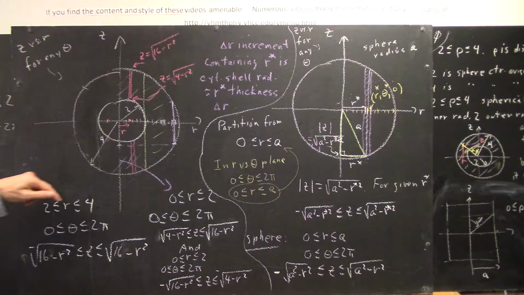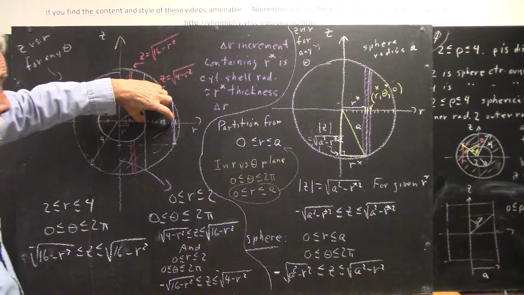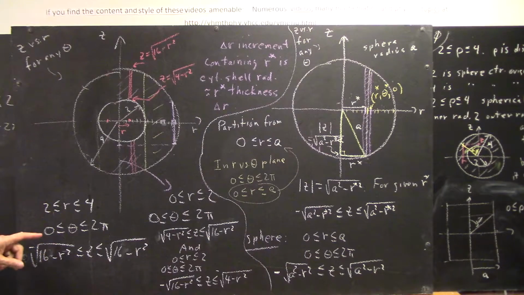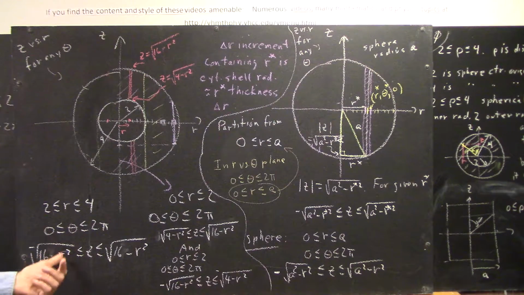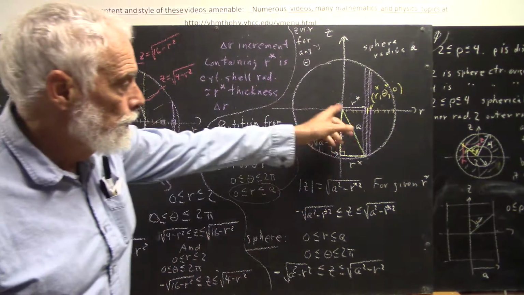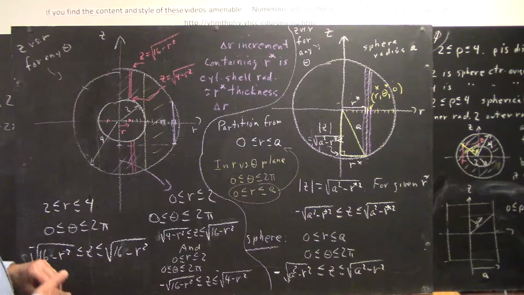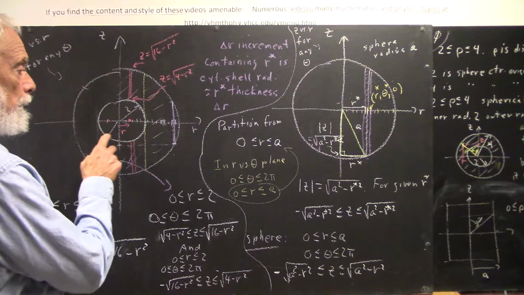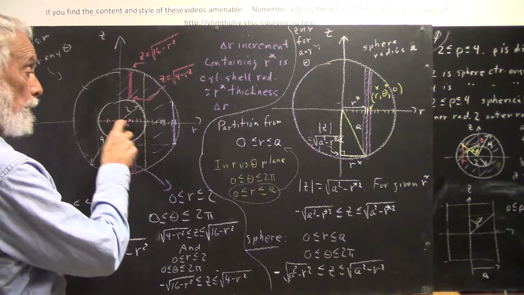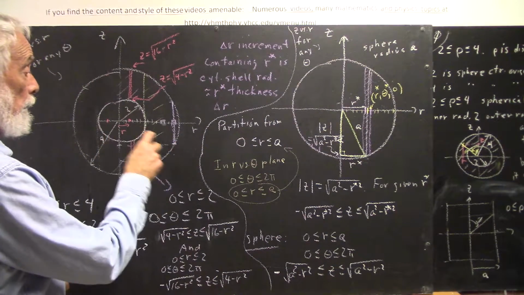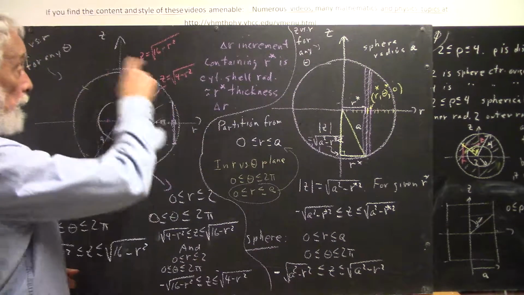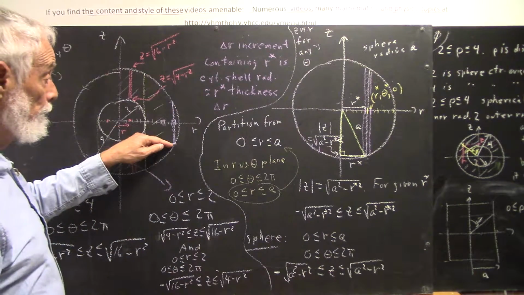So between r equals 2 and 4, that's between here and here, and of course for any theta between 0 and 2 pi, our z value goes from negative square root of 16 minus r squared to the square root of 16 minus r squared, for the same reasons we had over here. I don't want to clutter the picture up, but obviously I can construct a triangle from the origin to this point. The hypotenuse of that triangle will be the radius of our outer circle, which is 4.